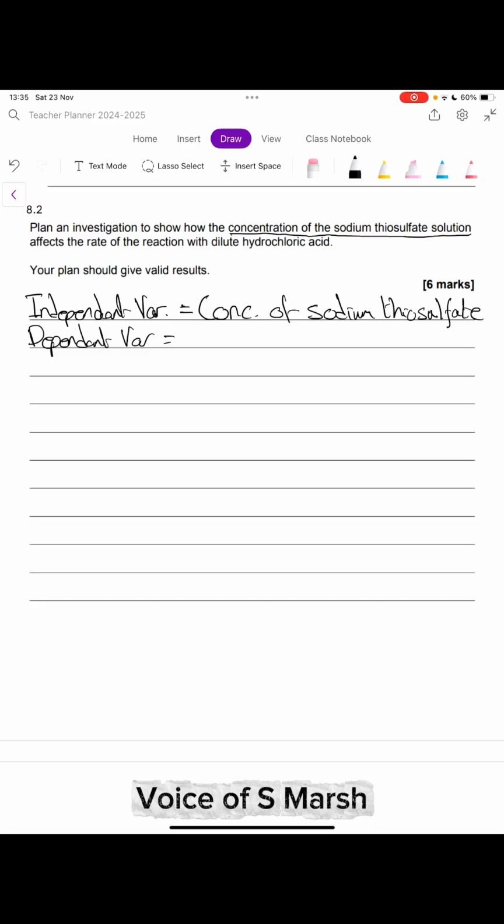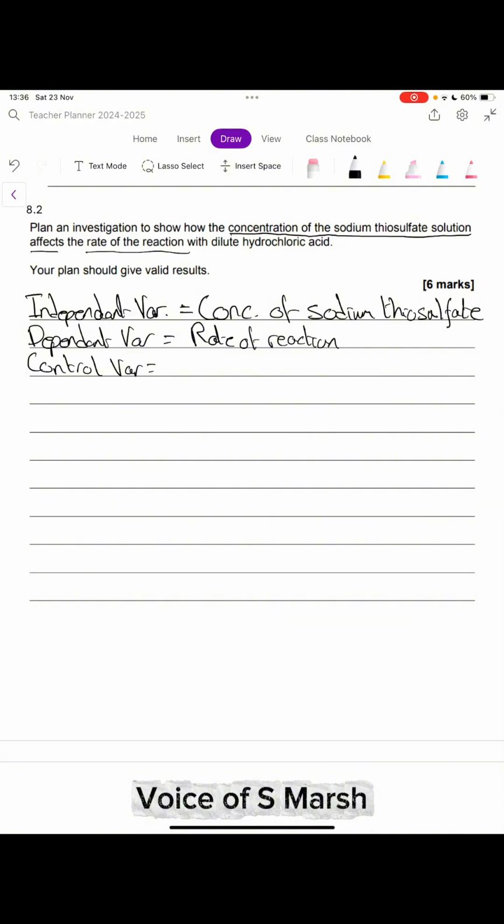The independent variable, so plan an investigation to show how the concentration of sodium thiosulphate solution affects, that's our keyword, affects the rate of reaction. So our dependent variable is rate of reaction. And we'll talk about the specifics of that in a minute. And then our control variables are variables that we keep constant. Well, there are several of these that we've got to use.